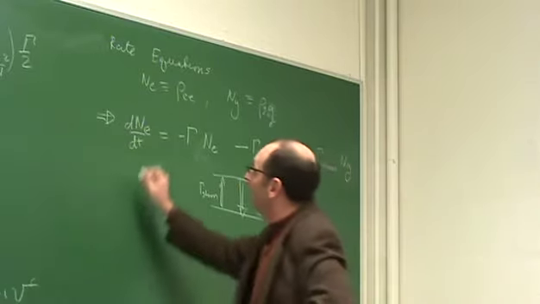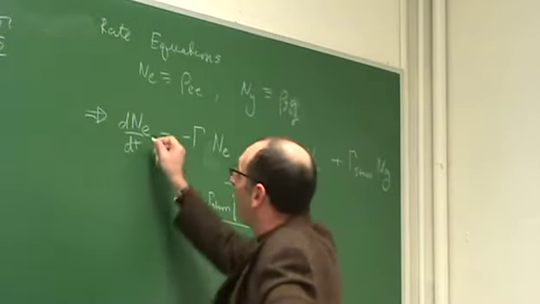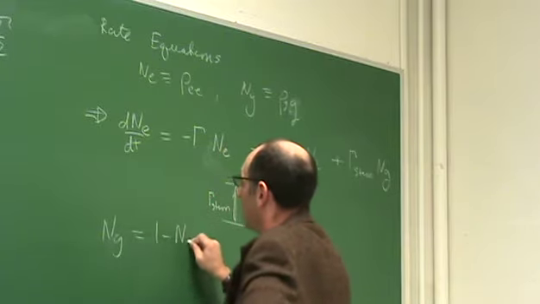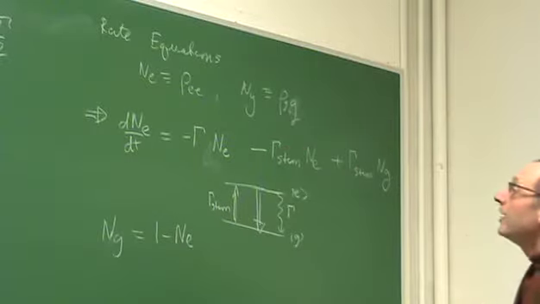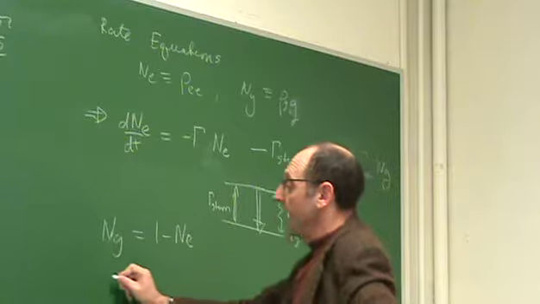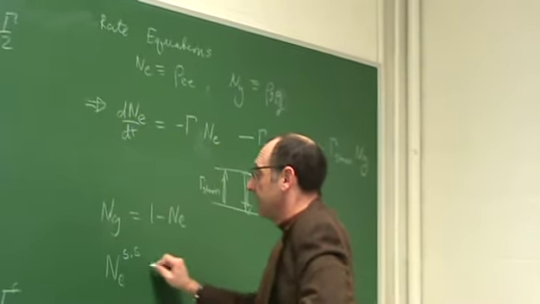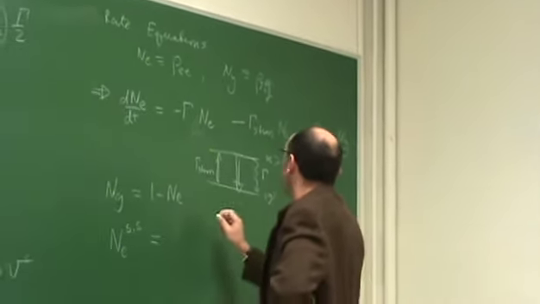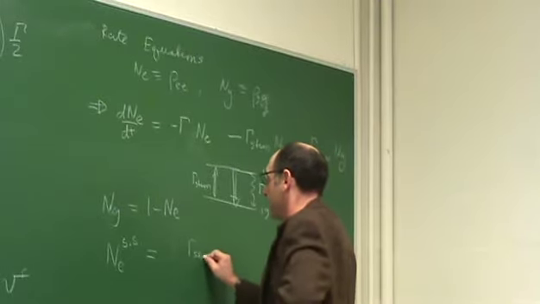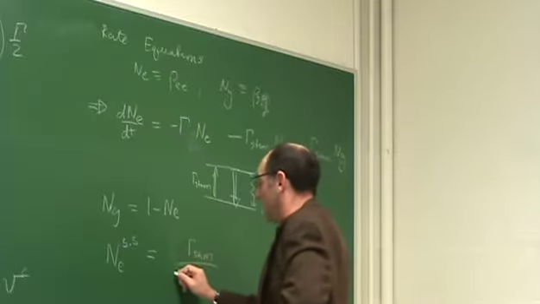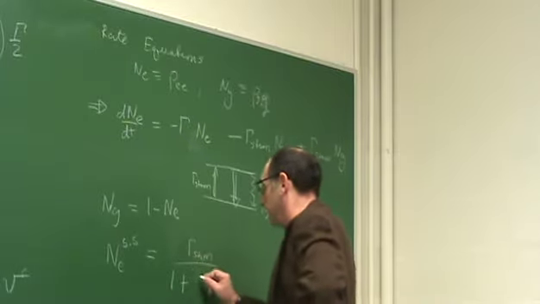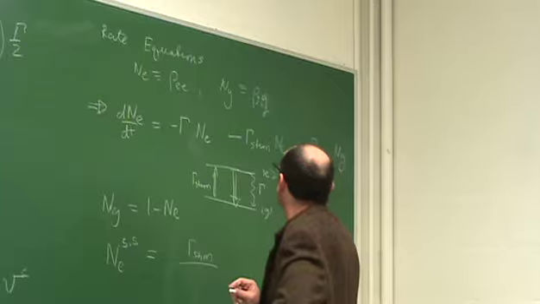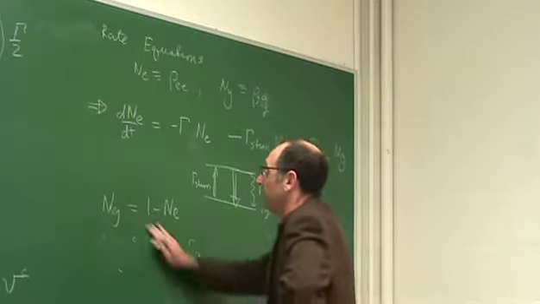And what we saw, if we then looked at in steady state what the population is, in this case we're talking about a two-level system in which population is conserved, and we plug that into this expression, then we found that in steady state, the population in the excited state was equal to the ratio of gamma stim divided by gamma plus twice gamma stim. Better write this out.